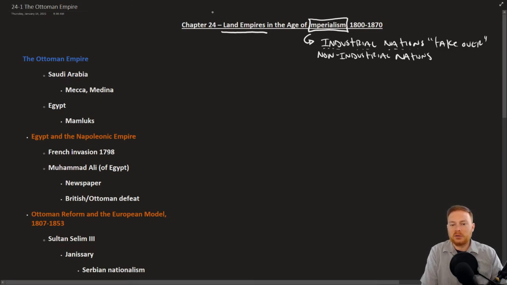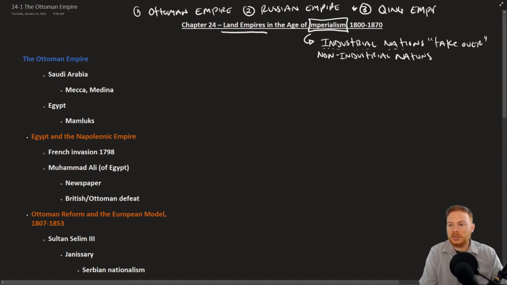We really are looking at mainly here the Ottoman Empire in the Middle East, which is, of course, what we'll look at in this section. The Russian Empire, which we'll look at next section. And the Qing Empire in China, to kind of get an idea.